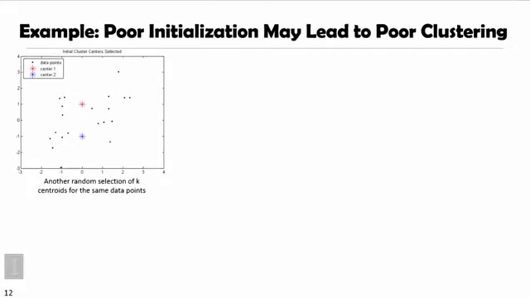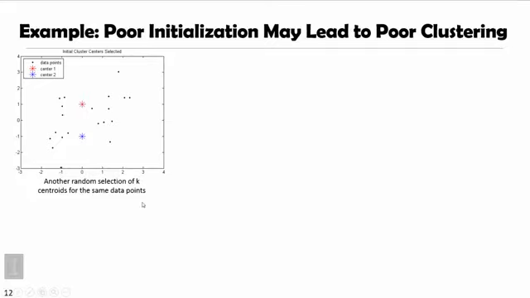Now I'll give you a simple example. You can see poor initialization may lead to poor clustering. For example, we take the same data set, those black points, as shown before. Now we initialize 2 centroids, the red one here and the blue one here.